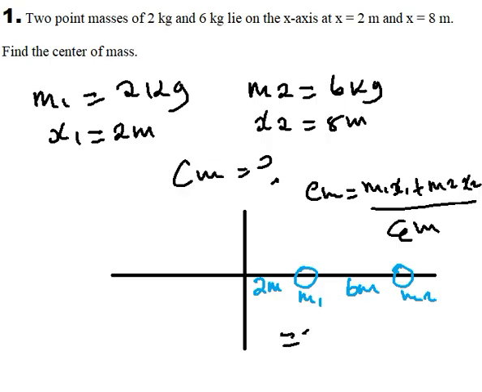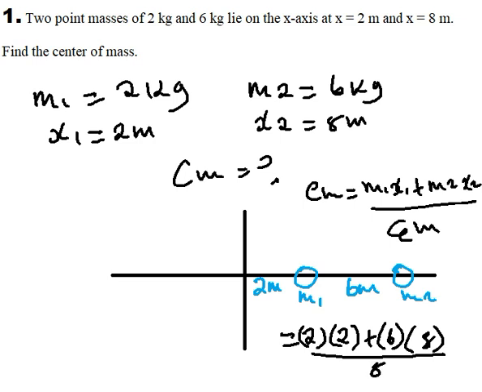Mass 1 is 2 kg and its position is 2 meters, plus mass 2, which is 6 kg, times its position, 8. That is divided by the sum of the masses, 2 plus 6, which is 8.